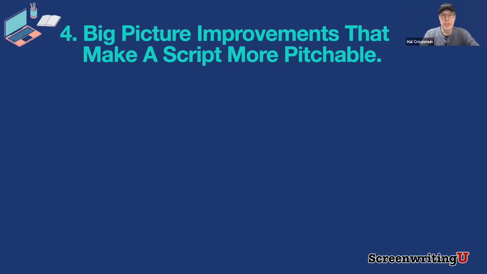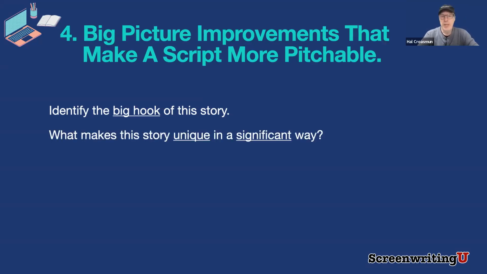What it comes down to is this. It's all stuff that you're building into your script, right? You want to identify the big hook of this story. What is the thing that makes your story unique in a significant way?